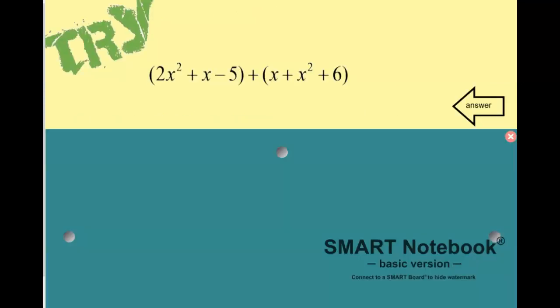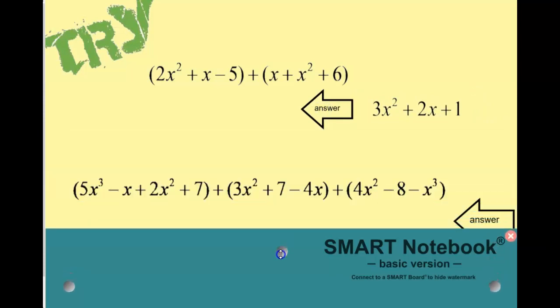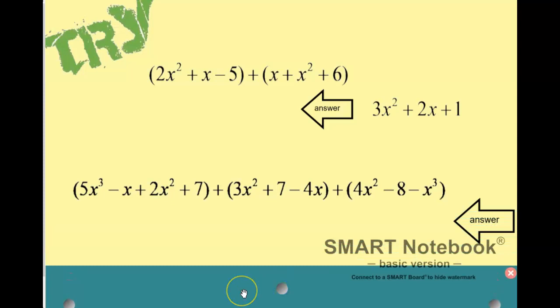You try. Use whatever method you want. This should be your answer. Try this one. Now, just because it has 3 separate trinomials does not mean you don't do it the same way.